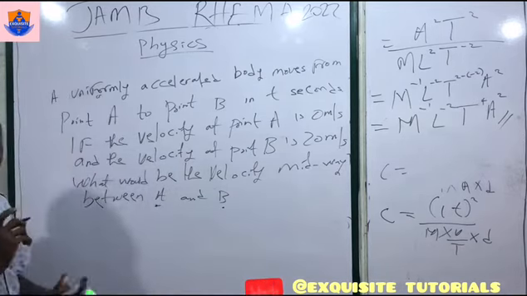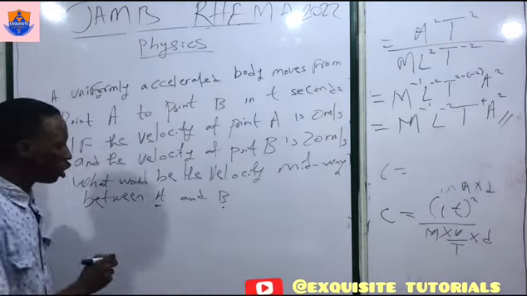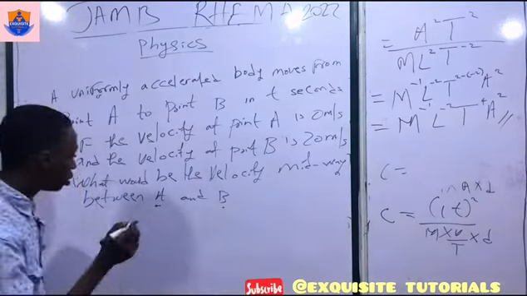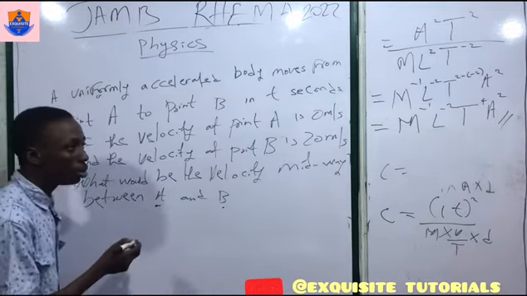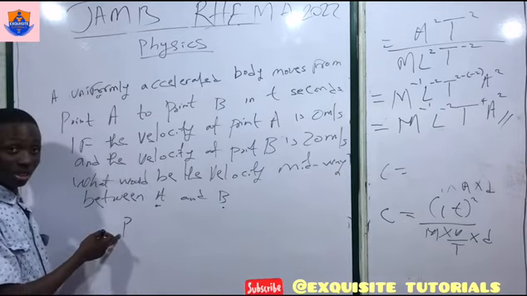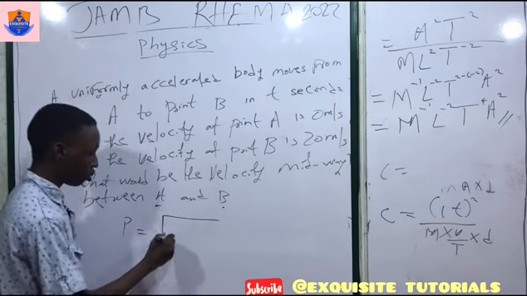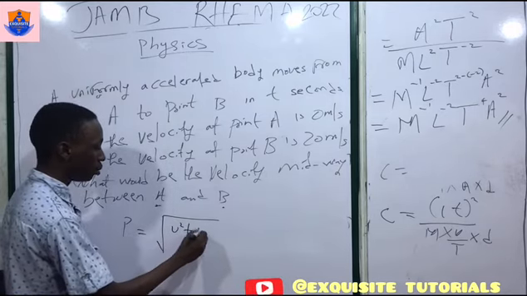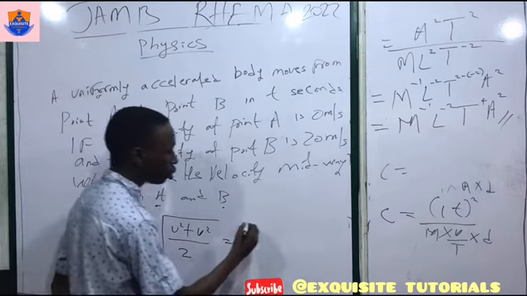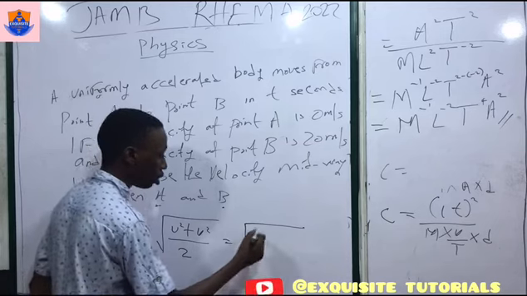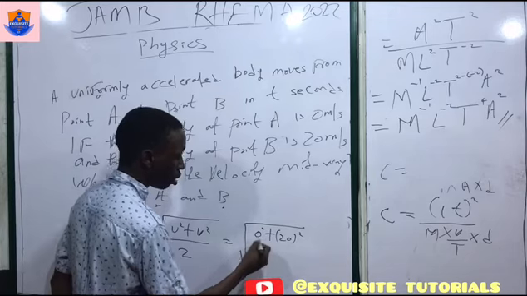Now, there is a long cut, but there's also a shortcut formula we can use to solve this question. We can say the velocity midway, let's use v, will be equal to square root of u square plus v square all over 2. So this will be equal to square root of 0 plus 20 square all over 2.